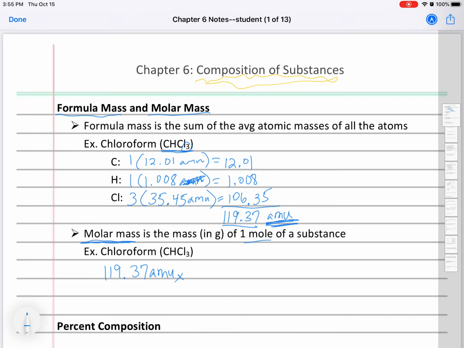First, we need to multiply it by a mole. So 1 mole of anything is 6.022 times 10 to the 23rd per mole.